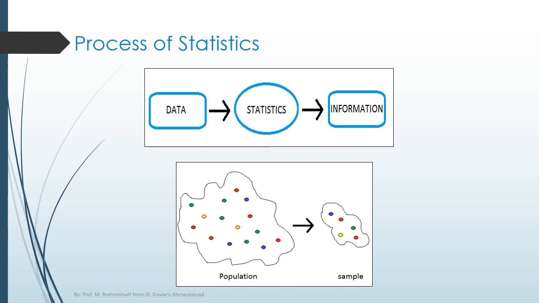You can find a second figure showing the difference between the population and the sample, where a population is a large data set and a sample is a small portion taken from the population.